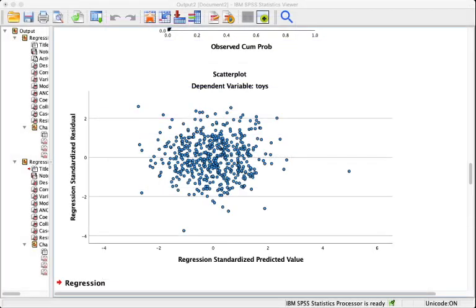So, I'm going to ask you to pause the video now and do those assumptions, take out those outliers or influential observations, and come back and let's see what the regression looks like together.